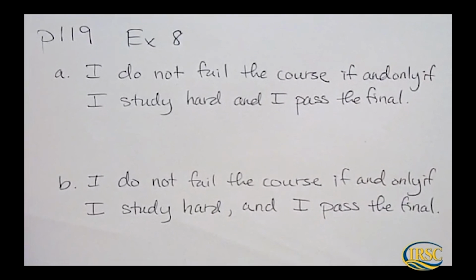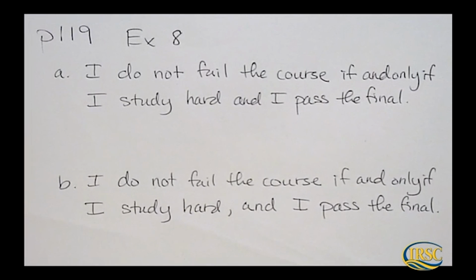Do you notice anything different about those 2 ways that I wrote these 2 sentences? Okay, one has a comma and the other one doesn't. That's the only difference. Do you notice how many connectors you see in there? You see 2 connectors. We haven't seen any sentences yet with 2 connectors. We've only had 1.